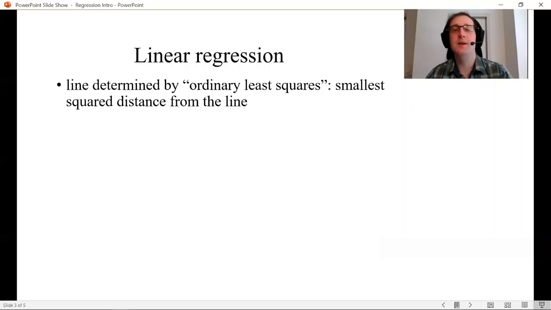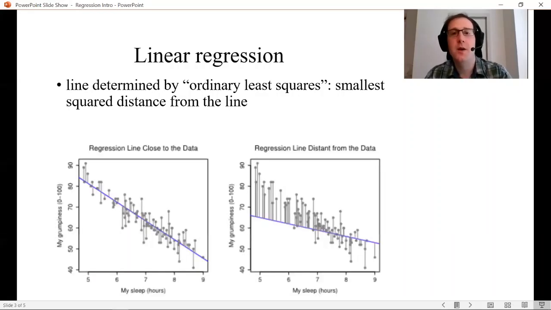And essentially what this is doing is it's finding the smallest squared distance from the line. So if you look at that regression line on the left, this is the best possible fitting line. It's basically minimizing how far each of those data points is from that line.